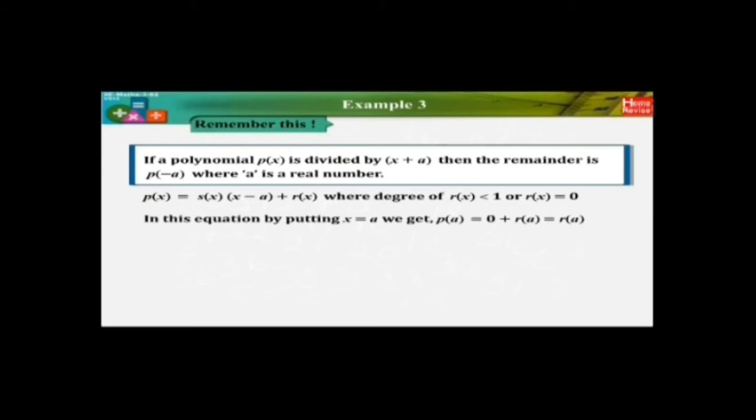In this equation, by putting x is equal to a, we get p of a is equal to 0 plus r of a, which is equal to r of a. Hence, if r of a is equal to 0, it means x minus a is a factor of p of x. Therefore, if the remainder is 0, it means the given one is a factor.